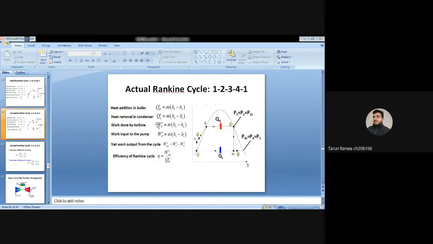Work done by the turbine equals H3 minus H4, and work input to the pump we can write as m dot into H2 minus H1. Now we can write net work output equals work output minus work input. So the efficiency of the actual Rankine cycle equals net work output divided by the added heat QH.